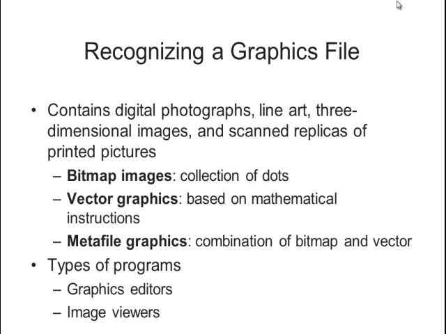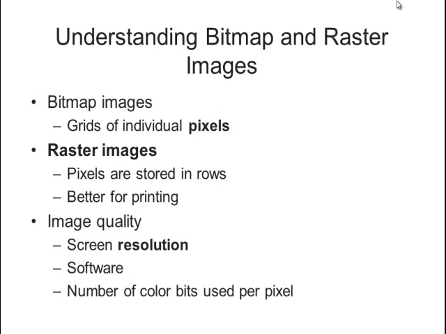Vector graphics are based on mathematical instructions for drawing the graphic, and metafile graphics are a combination of both bitmap and vector. And there are different types of programs that you can use to work with the graphics files: graphic editors and then just simple image viewers.